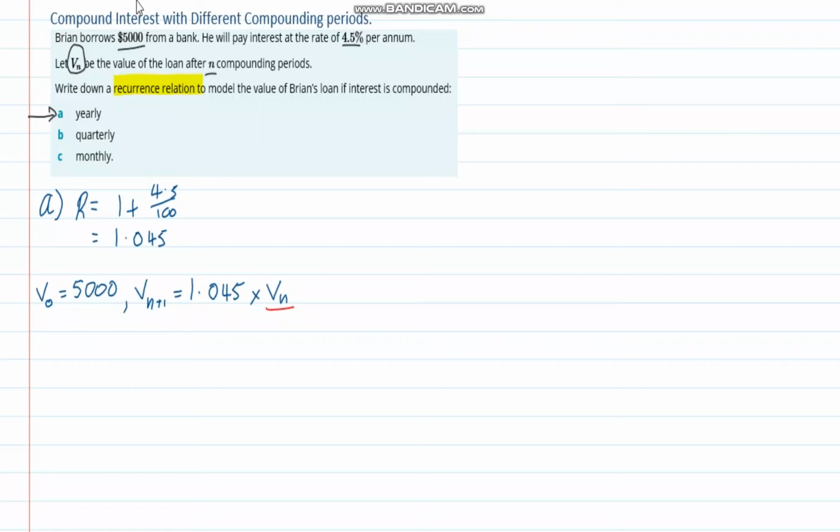Okay, now part B. The only thing that changes here is R. If something is compounding quarterly, there's 4 quarters in a year. There's 4 quarters in anything. So the first thing we need to do is take the interest rate 4.5 and divide it by 4.